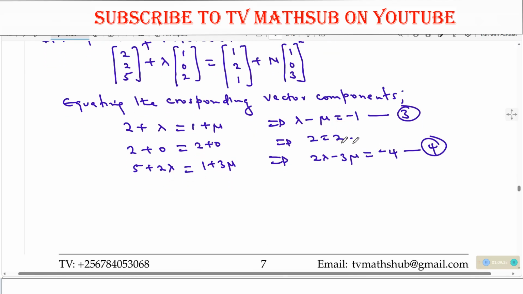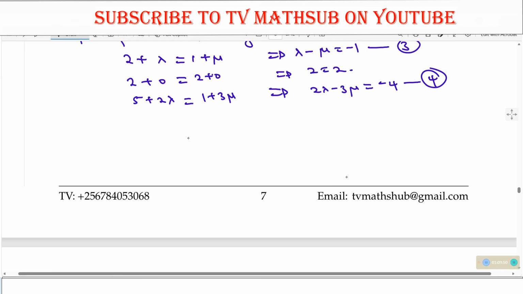So this one is already holding, 2 is equal to 2, which means whatever values we get here will be satisfying, isn't it? That equation is already holding. So it means they are already intersecting. Let us see, solving equations 3 and 4 simultaneously.